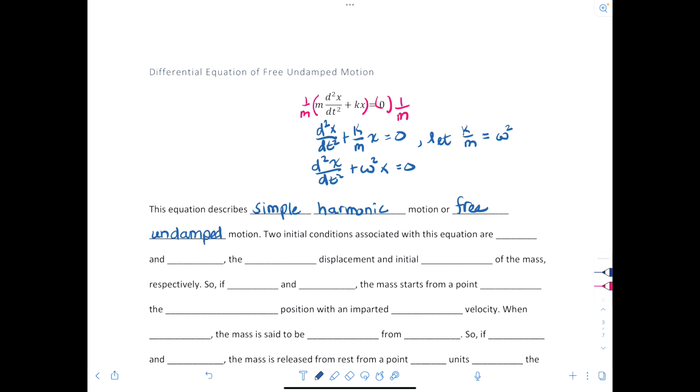Two initial conditions associated with this equation are x at 0 equal to some x sub 0 and x prime at 0 equal to x1. The initial displacement and initial velocity of the mass respectively.